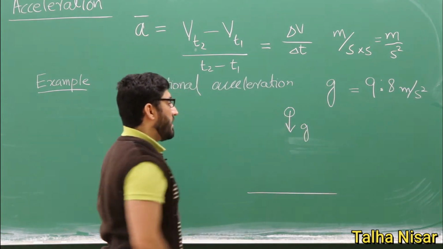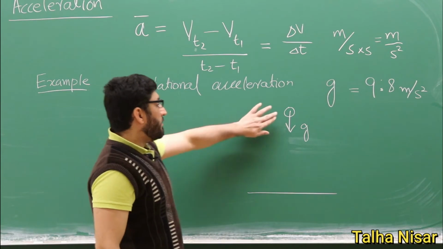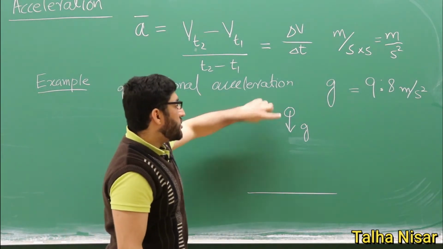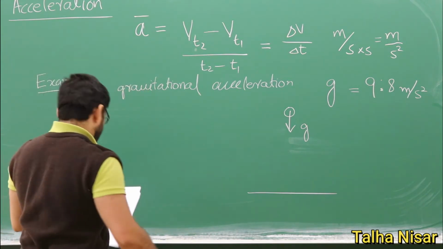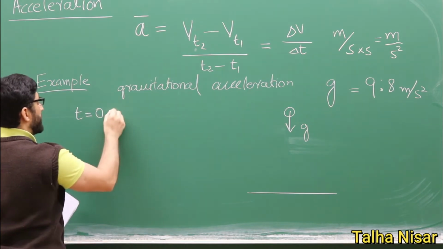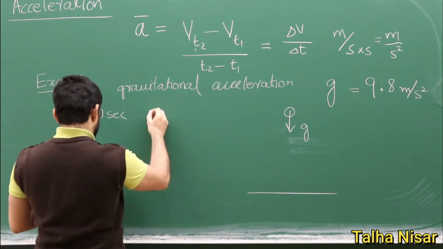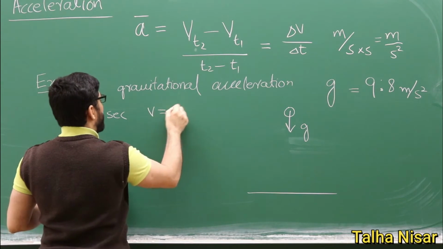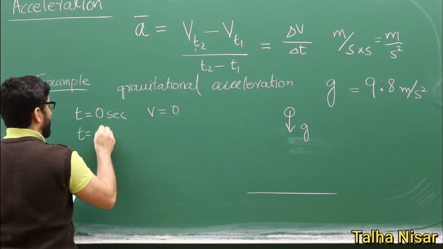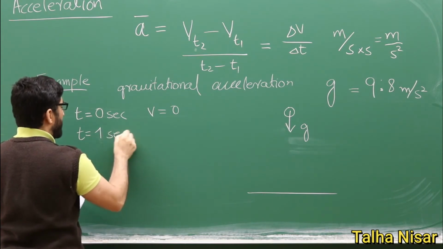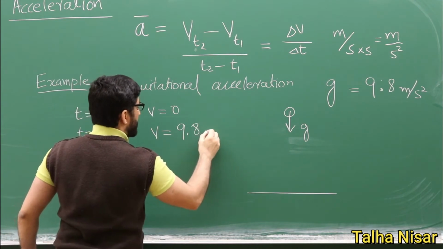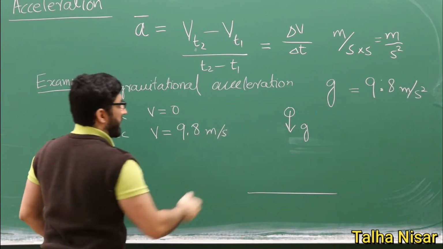If we let this apple or this ball go under the influence of gravity, the initial velocity will be 0. The initial velocity means at the time t equals 0, at 0 seconds, the velocity will be 0. At time equals 1 second, after exactly 1 second, the velocity will be 9.8 meters per second.